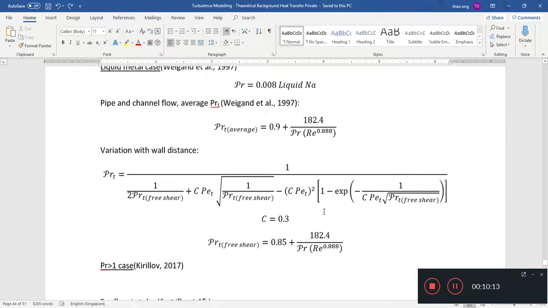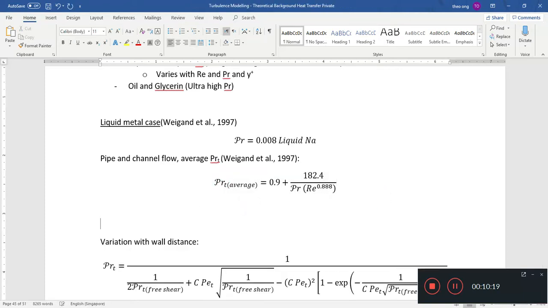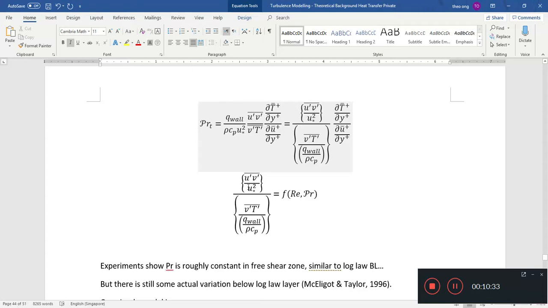That's good enough. Okay, so firstly we have an average turbulent Prandtl number, and it's over here. It's dependent somewhat on this Reynolds number, and that's important to note because at low Prandtl number, I think this term here becomes a little bit more important, and this in general is a function of the Reynolds number and the Prandtl number.